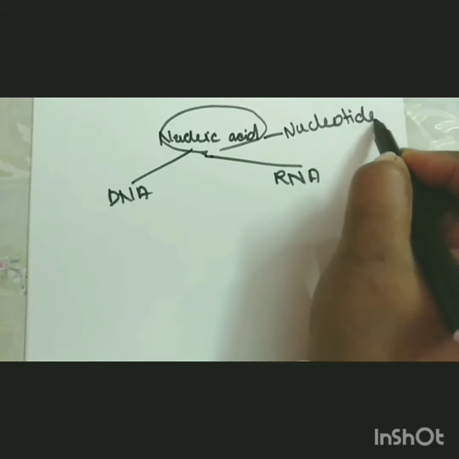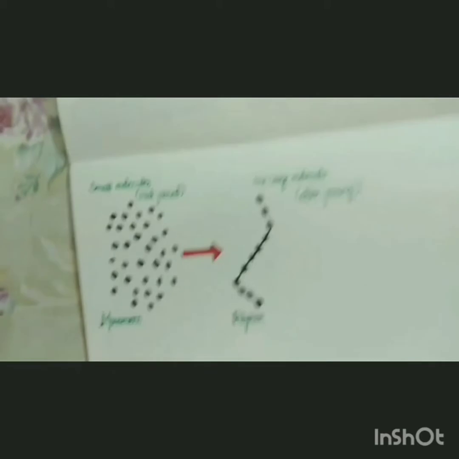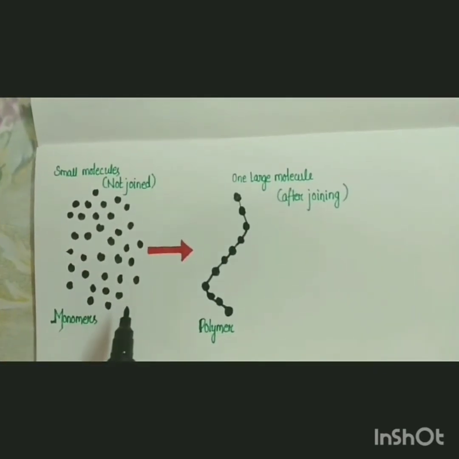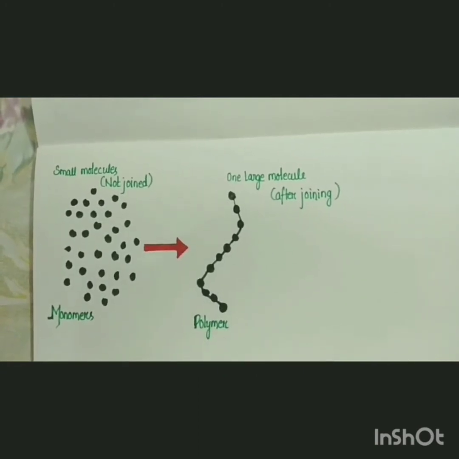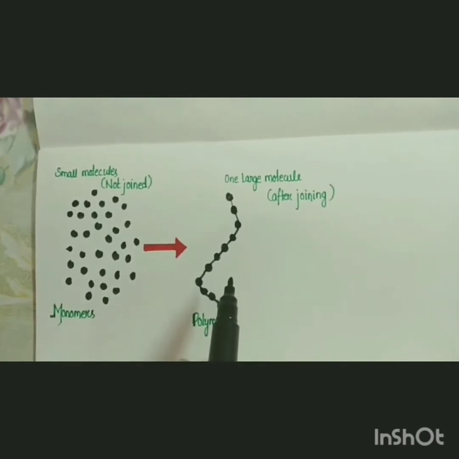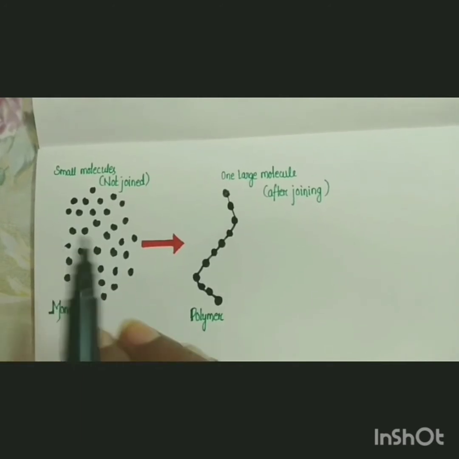By this diagram, I hope the whole concept would be better understood by you all. As we can see, many single nucleotides combine together to form a polymeric structure, which is the nucleic acid. So in order to know the structure of nucleic acid, we first need to know the structure of nucleotides.